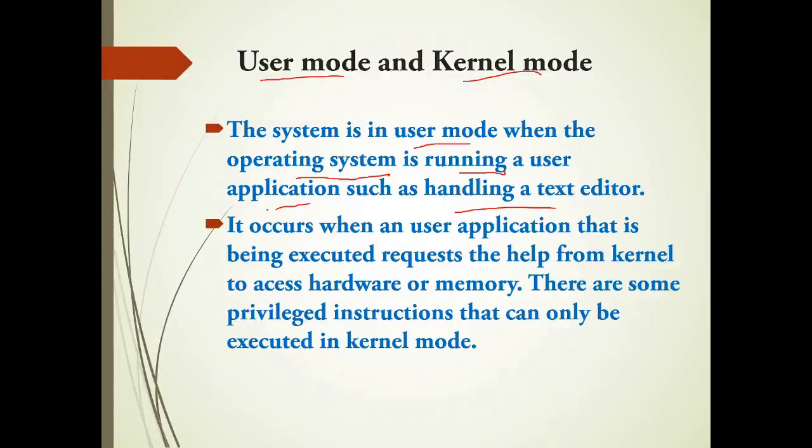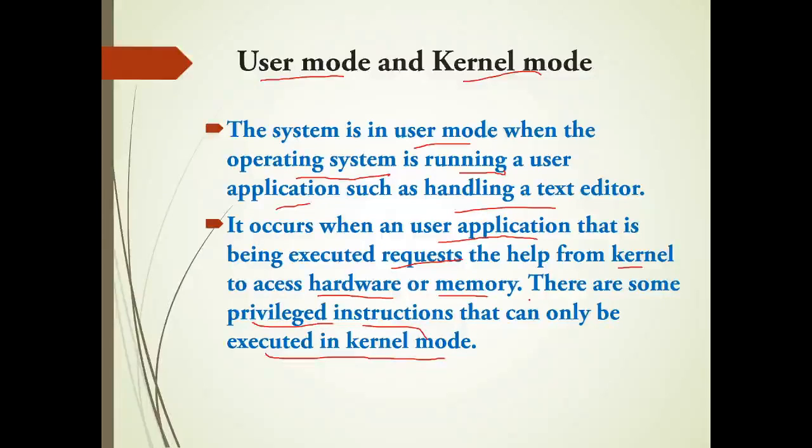Next we'll see kernel mode. Kernel mode occurs when a user application that is being executed requires help from the kernel to access hardware or memory. There are some privileged instructions that can only be executed in kernel mode.